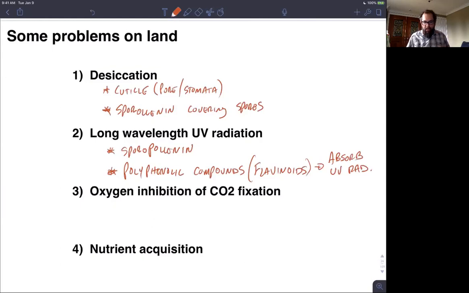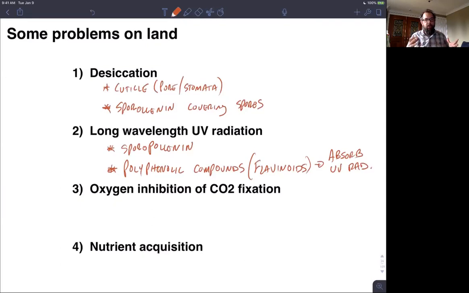Another problem that we have on land is that when you have those pores open in stomata, oxygen inhibits the fixation of carbon dioxide by the enzyme system that's used in photosynthesis. In photosynthesis, there's an enzyme called rubisco. Rubisco is responsible for fixing carbon dioxide out of the atmosphere into a usable form by the plants, but oxygen inhibits that.